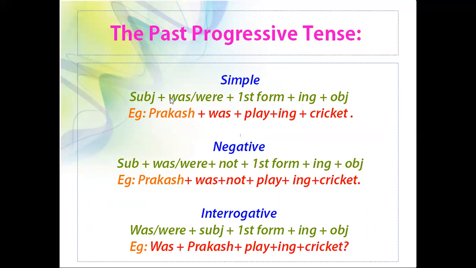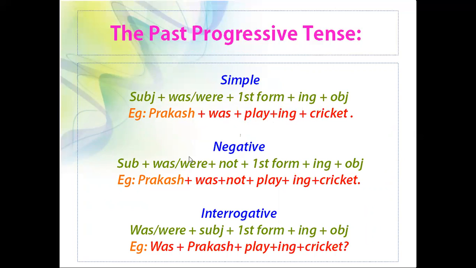For example, Prakash was playing cricket. What is the subject here? Prakash. Then was. Then what is the first form? Play. Then you should add ing. Then what is the object here? Cricket. So according to the structure, Prakash was playing cricket.